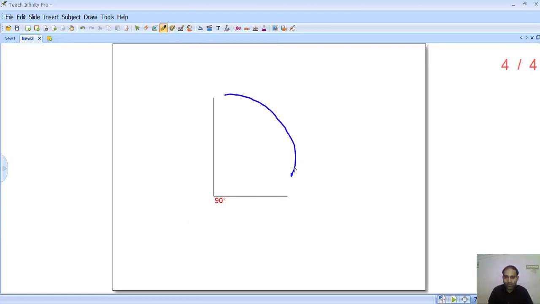These all angles will be less than 90-degree angle which come at this side, and all angles which are less than 90-degree are called acute angles.